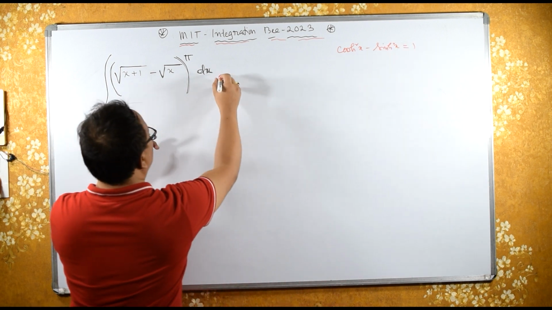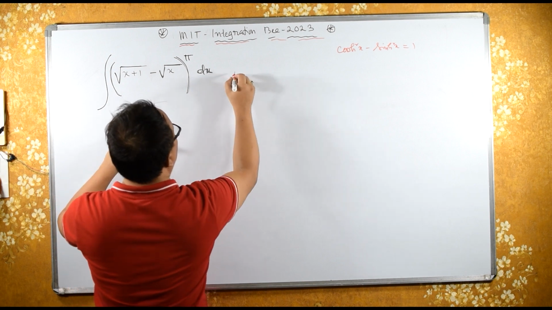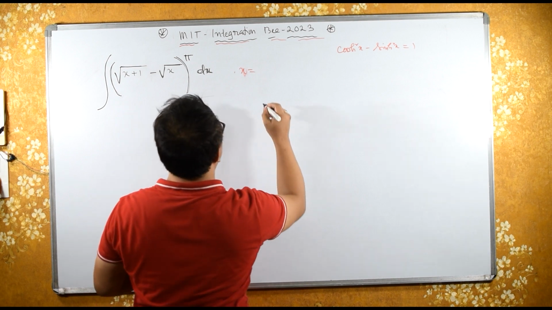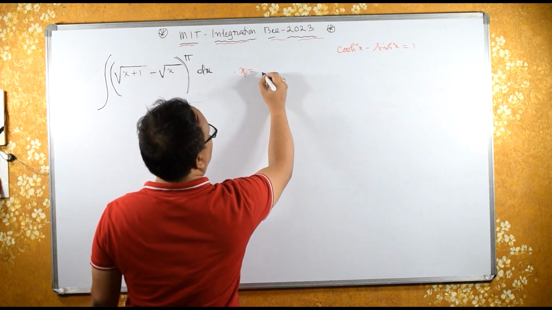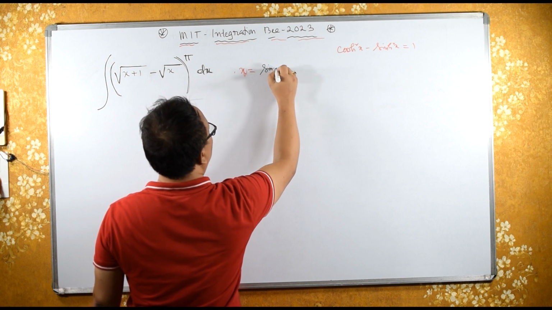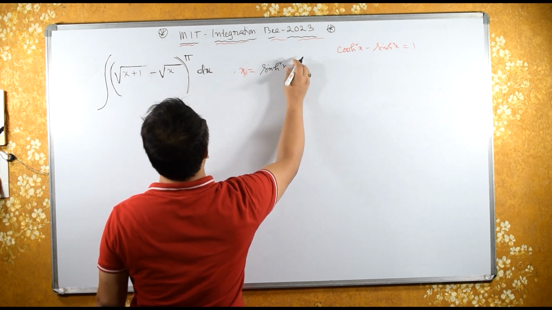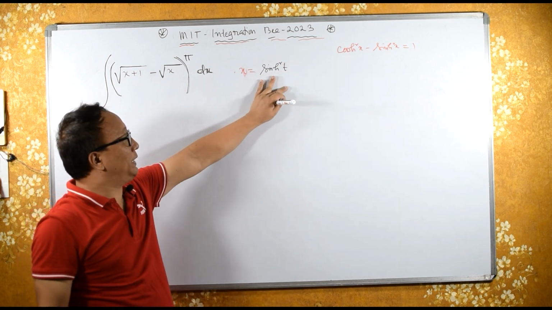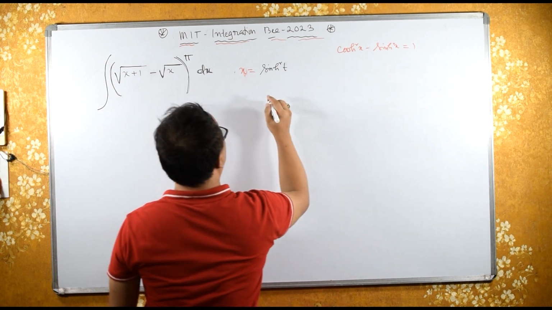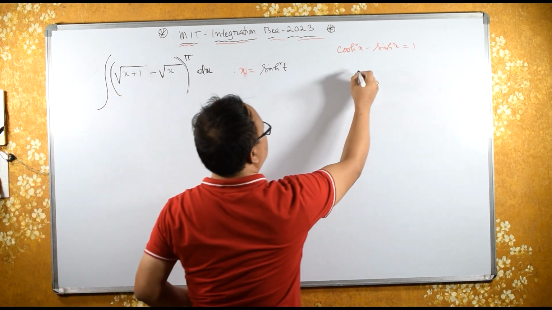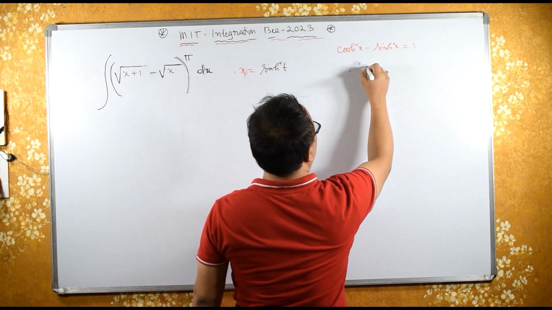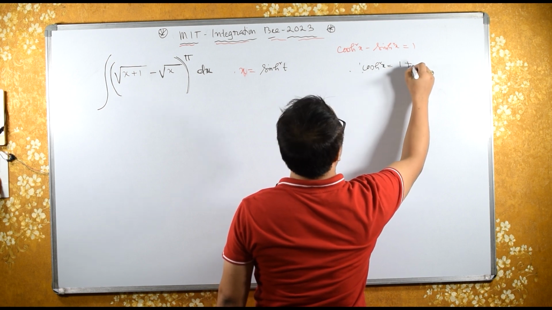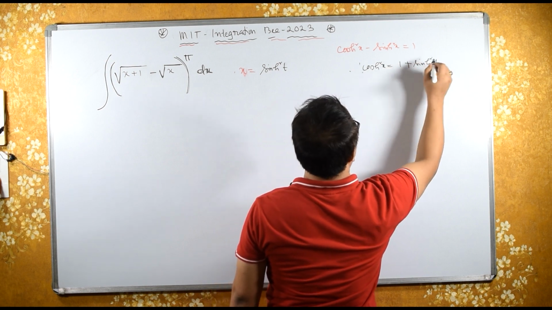Now if I substitute x equals sinh square t, then from here cosh square x equals 1 plus sinh square x.